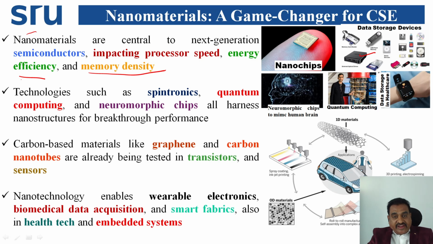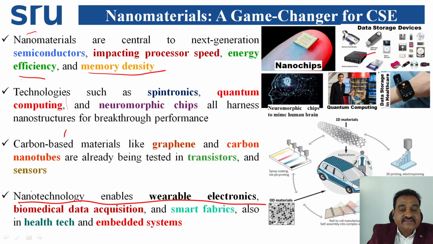Carbon based materials like graphene and carbon nanotubes are already being tested in transistors and sensors. Nanotechnology enables wearable electronics, biomedical data, and smart fabrics, also in health tech and embedded systems. So nanomaterials are very important in our present life.